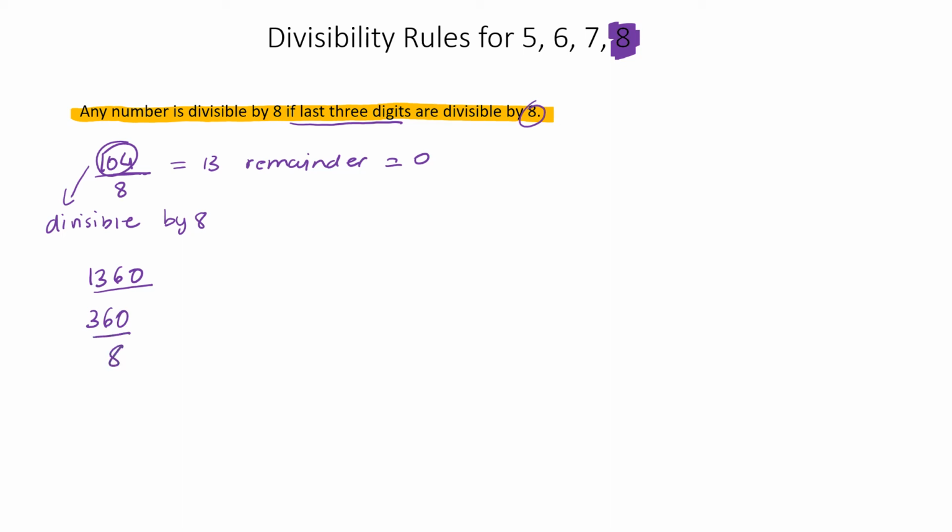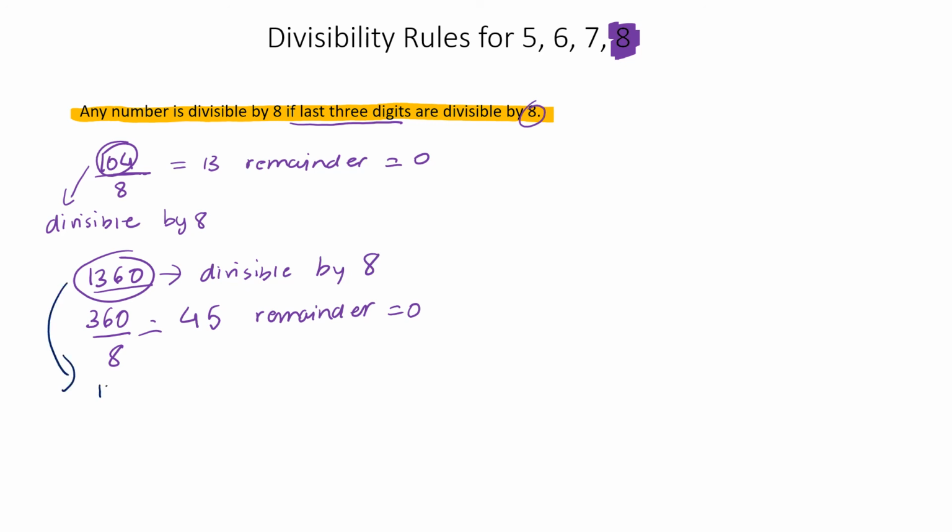Let's check that. 360 divided by 8 gives us 45 with the remainder of 0, which shows that this number is divisible by 8. If you want to prove that, you can always check it by dividing it by 8. 1360 divided by 8 gives us 170 with the remainder of 0.